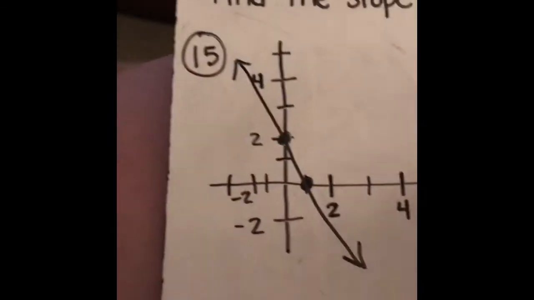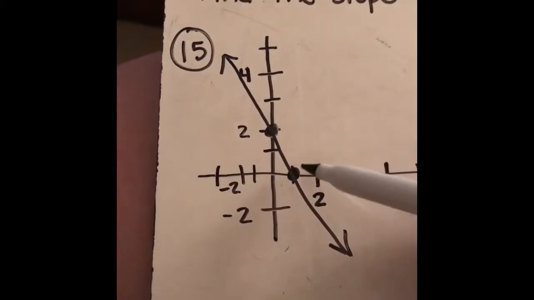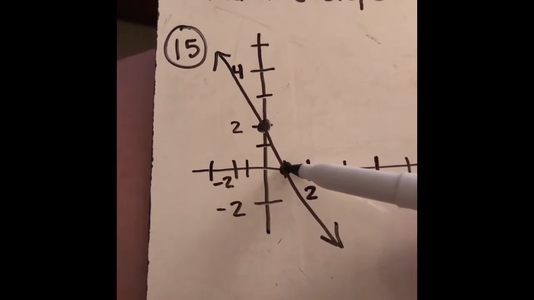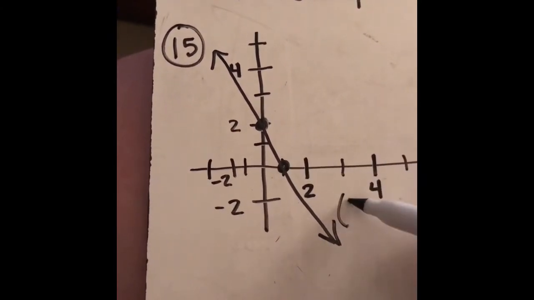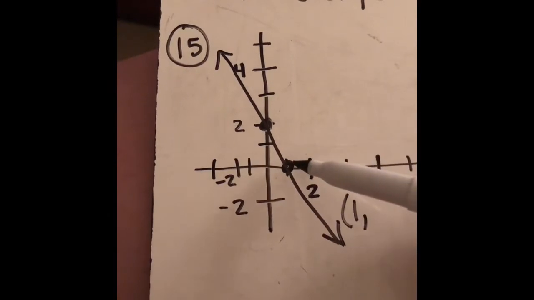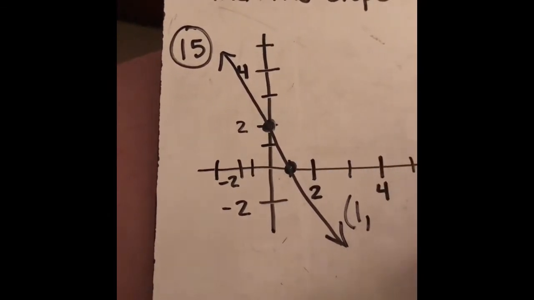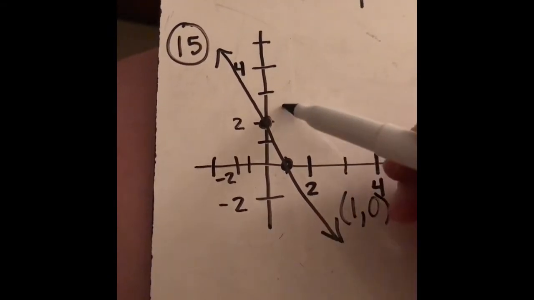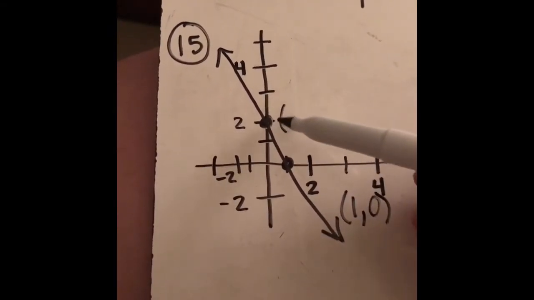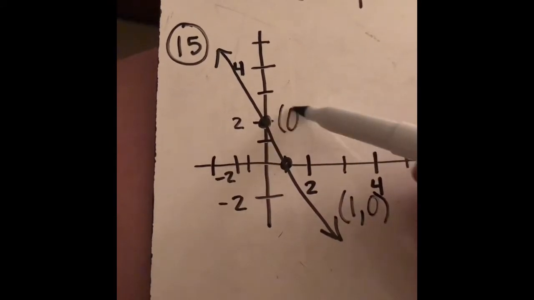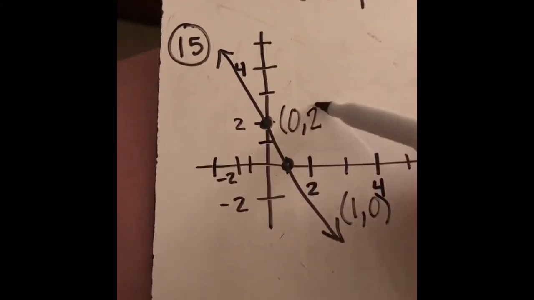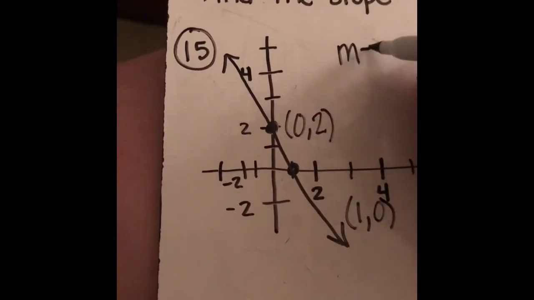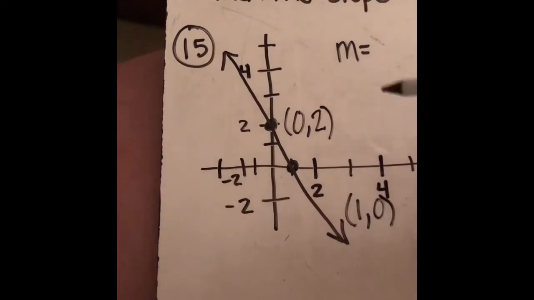If we look at this here, we have (1, 0), and this one here is (0, 2).